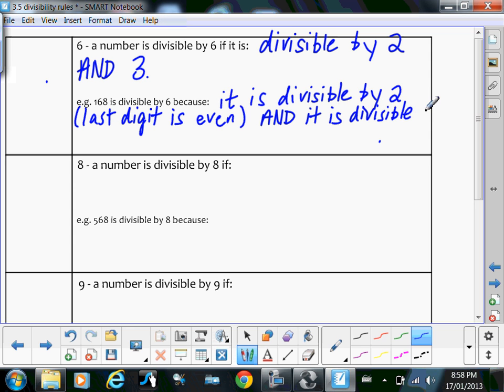Hope you can read my writing. So I'm going to put down 1 plus 6 plus 8 like we did previously equals 15, which is divisible by 3, which equals 5.